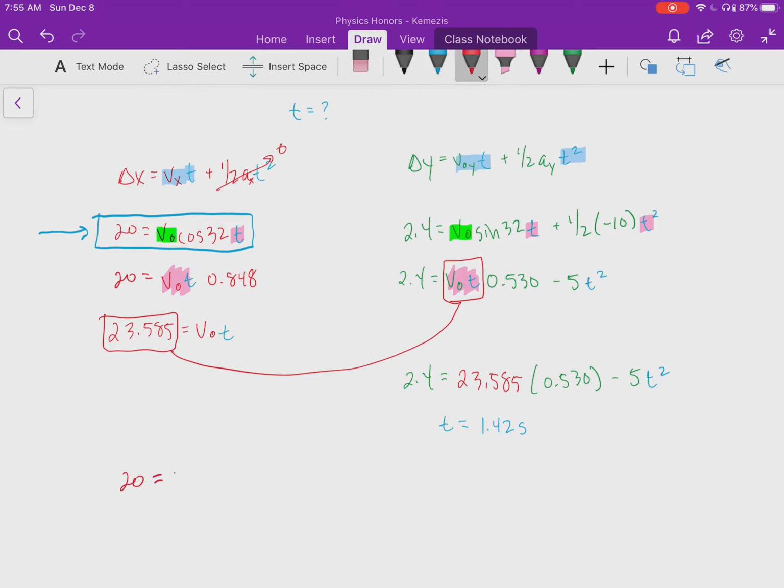So 20 is equal to v naught cos 32 times the time, 1.42, and we get the answer that our velocity was 16.6 meters per second.